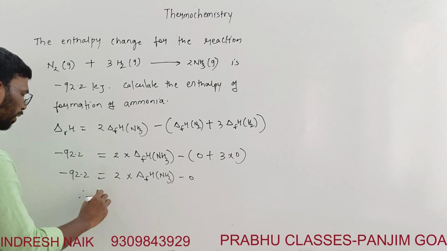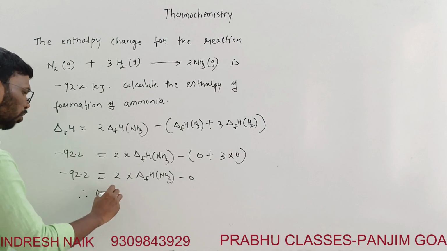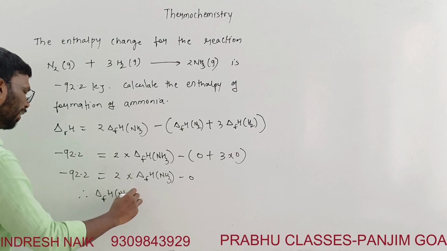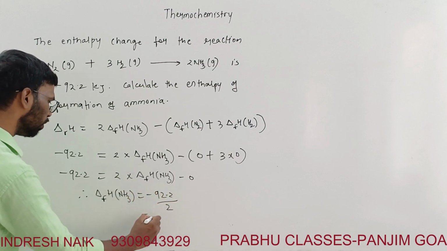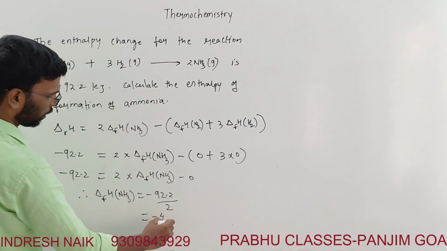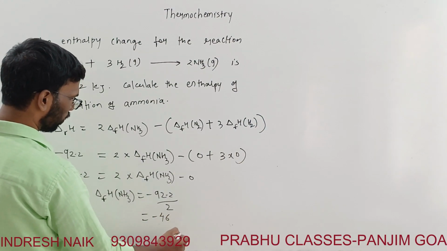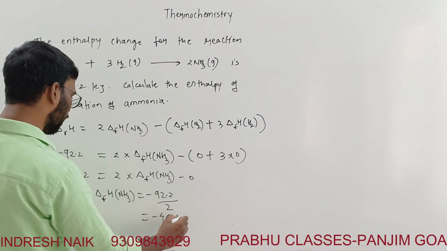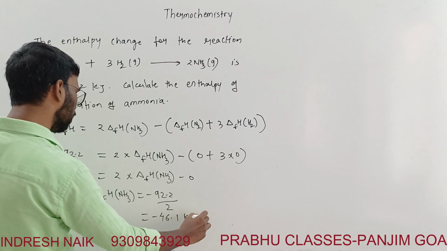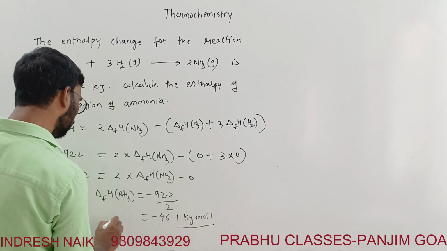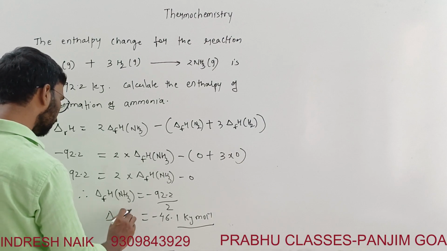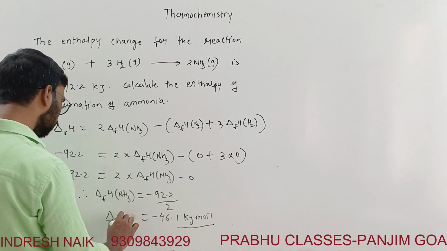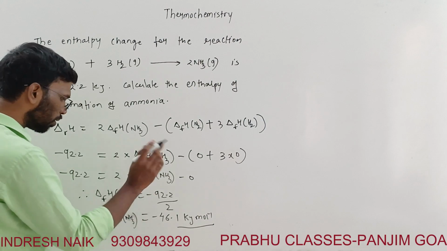Therefore the enthalpy of formation of NH3 is minus 92.2 divided by 2, which is equal to minus 46.1 kilojoules per mole, because you are finding it for 1 mole always. That is the enthalpy of formation of ammonia.